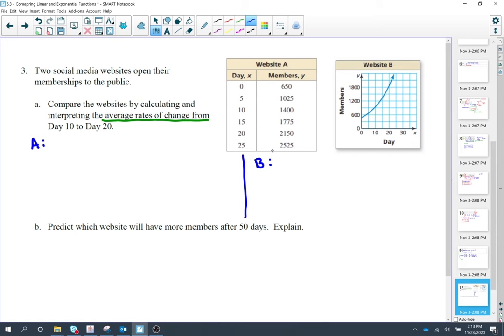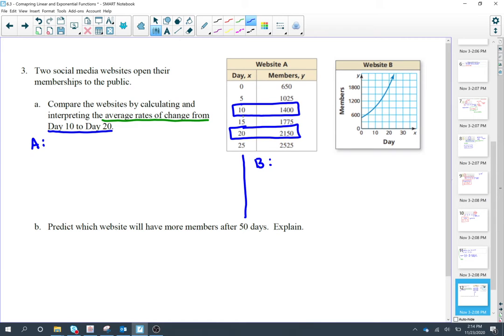To do an average rate of change, we need two points, from day 10 to day 20. For website A, I'm going to go to my table and grab day 10 and day 20.